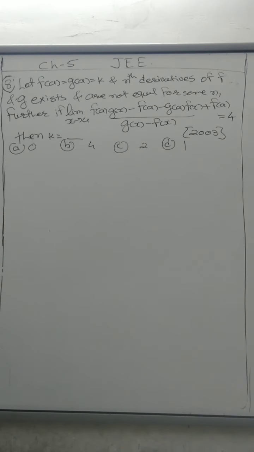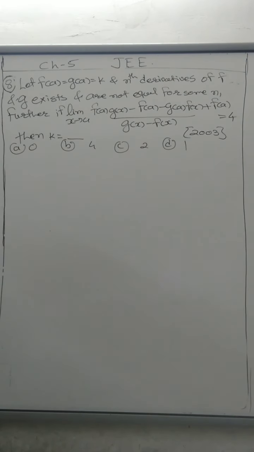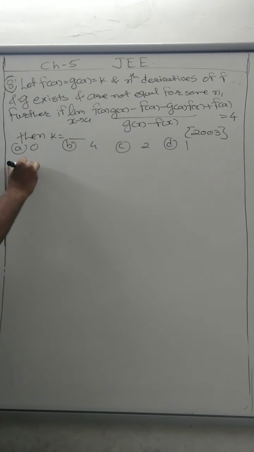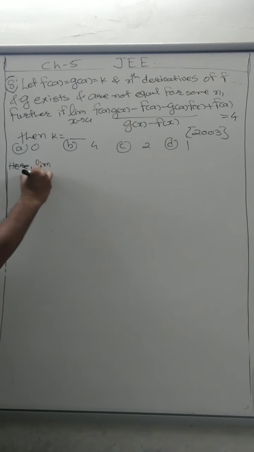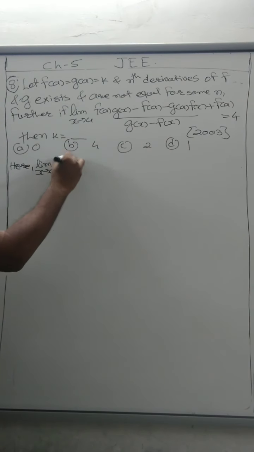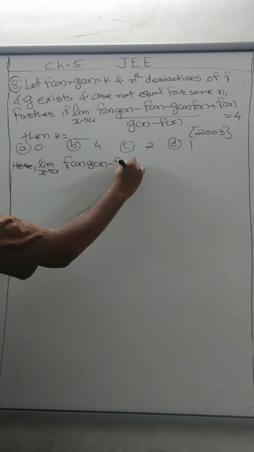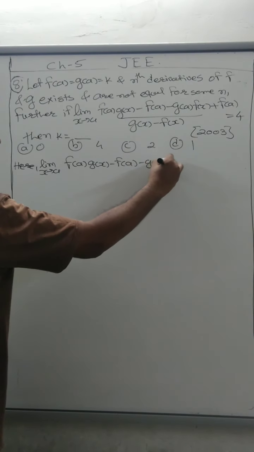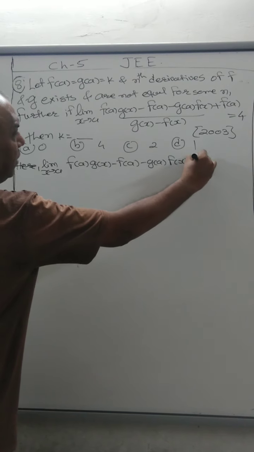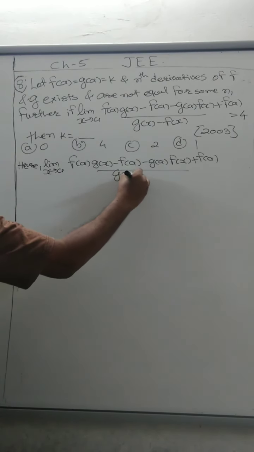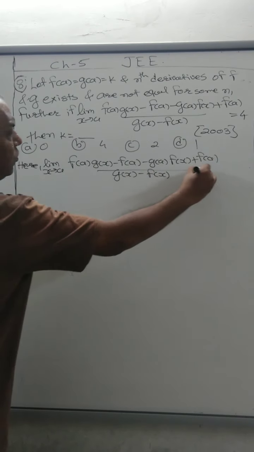Now we try. Here, first of all, we take limit x tends to a of f(a) g(x) minus f(a) minus g(a) f(x) plus f(a) upon g(x) minus f(x) is equal to 4.